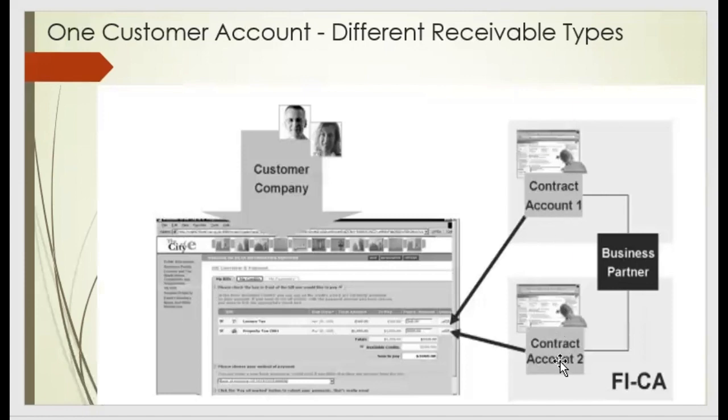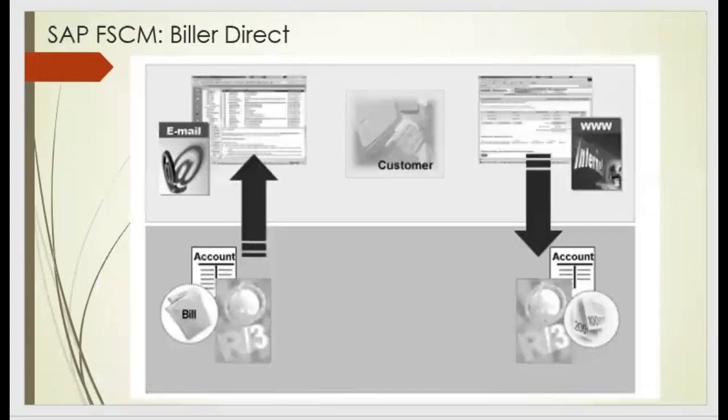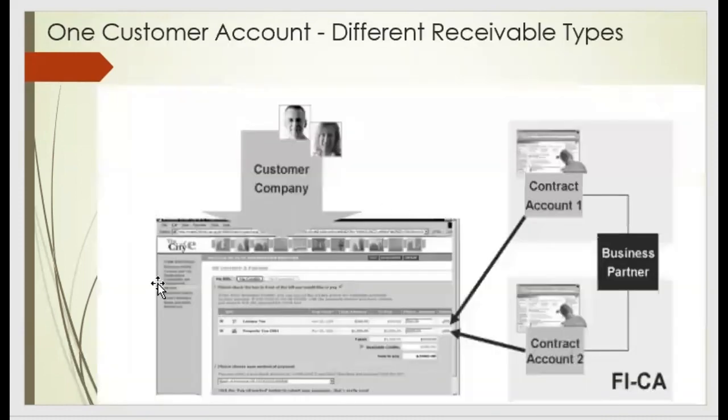Contract account two would be an electricity contract. So if the receivable types are different, we should collect them simultaneously. As they are different, the company code should be different, the ledger should be different, the posting should be different. But if they are both the same, then in that case we need to lock one of the contracts.